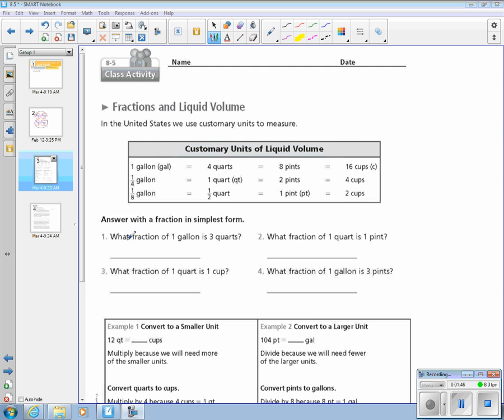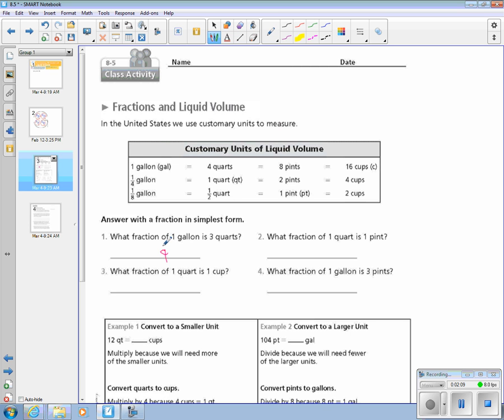Okay, so we're going to start with number 1. What fraction of 1 gallon is 3 quarts? So we can look up here and see that there's 4 quarts in a gallon. So we're going to use 4 as our denominator. And you know I'm really good at drawing on this thing. No, I'm not. So got to work with me.